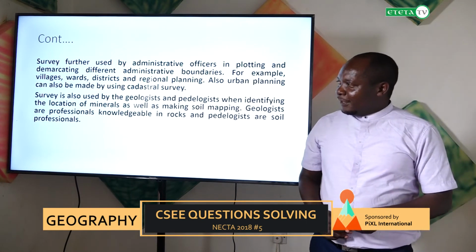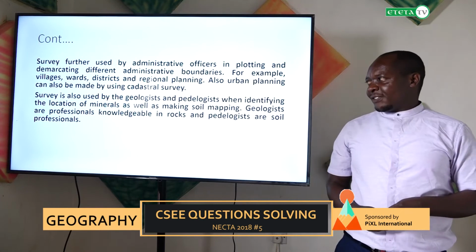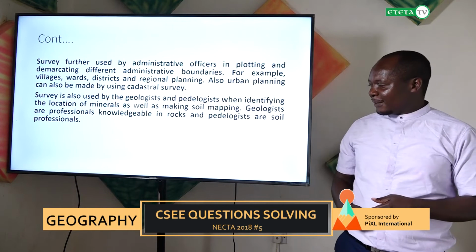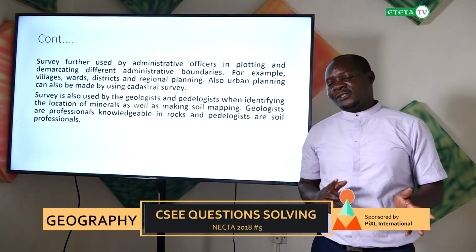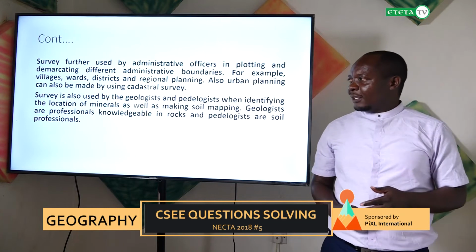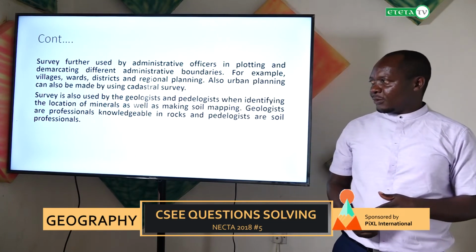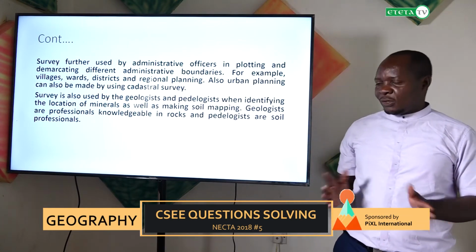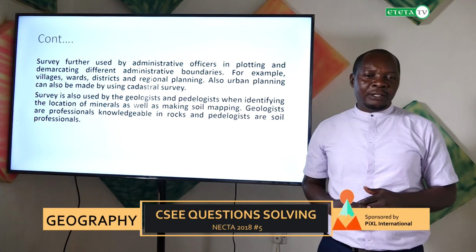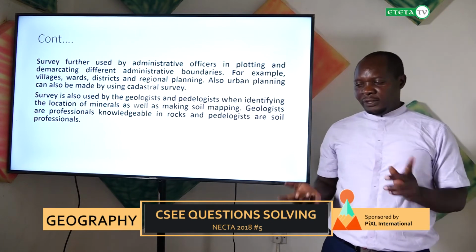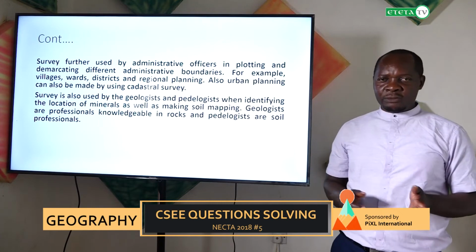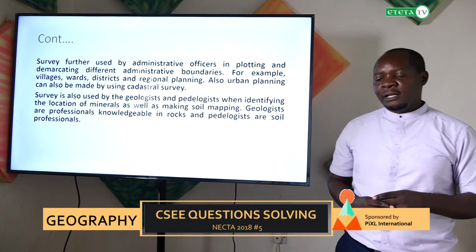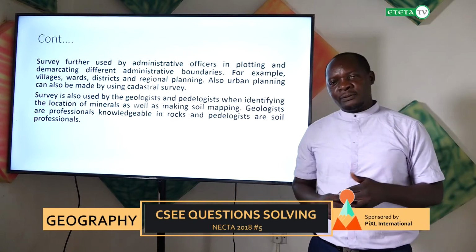But again, survey is used by geologists and pedologists when identifying the location of various minerals as well as making soil mapping. Geologists are people who are knowledgeable in rocks and minerals. So when they are identifying varieties of minerals, they make use of survey to identify the location of various minerals on the surface of the earth.